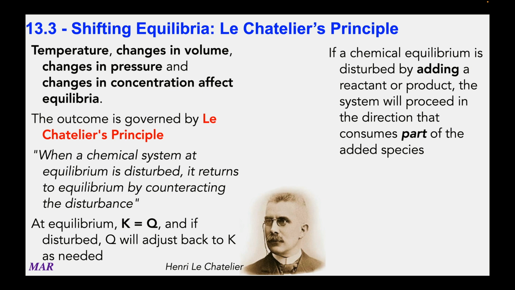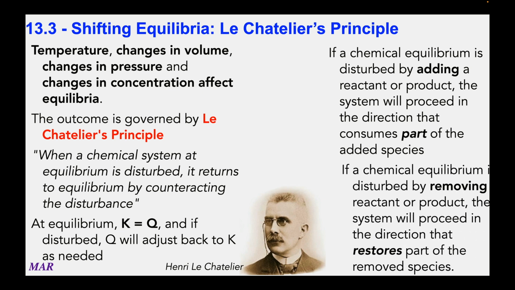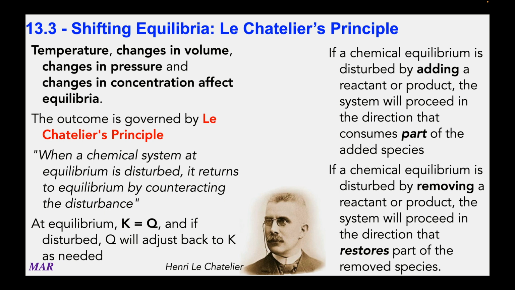So adding a product or adding a reactant will essentially shift that reaction to the opposite side, and that's kind of a trip. On the other hand, if you remove a reactant or product, according to Le Chatelier's principle, the equilibrium will shift to the side that you remove things from.